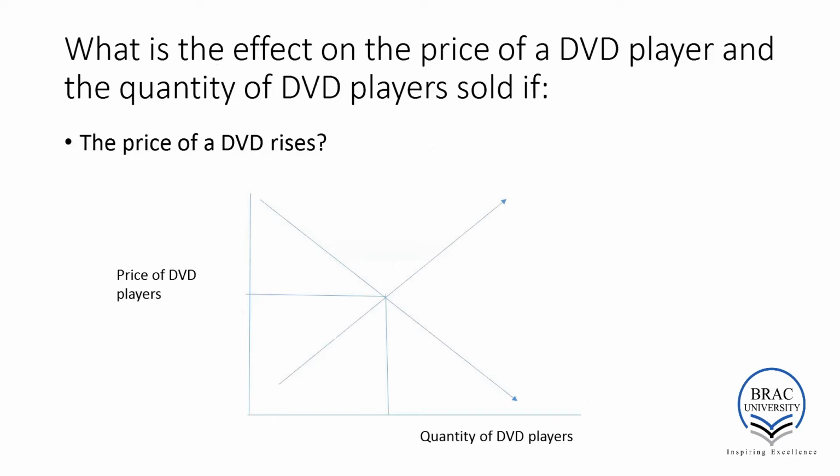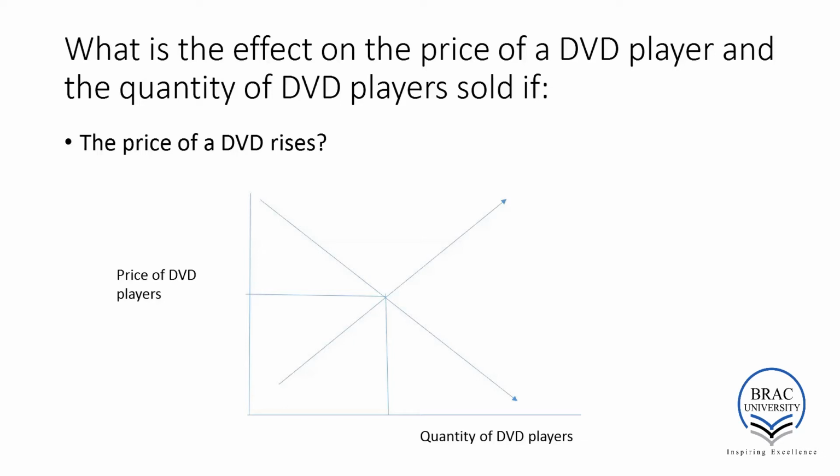At first, I want to establish that every time I will have quantity of DVD players on the horizontal axis and price of DVD players on the vertical axis. We will put the initial demand curve and the initial supply curve. We know that the demand curve is always downward sloping and the supply curve is always upward sloping.